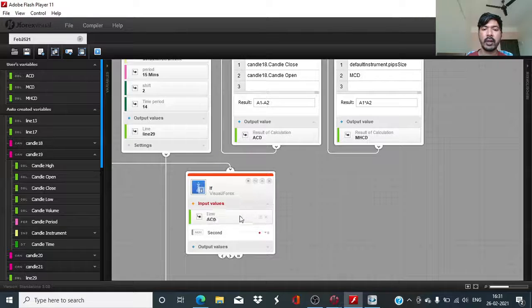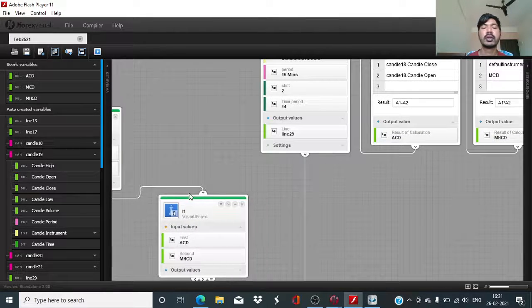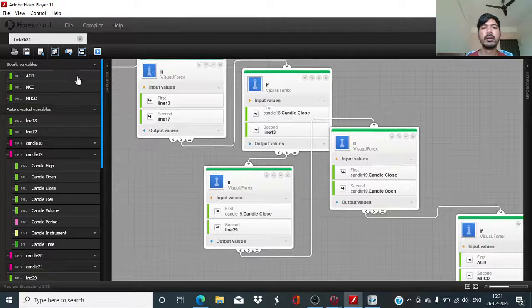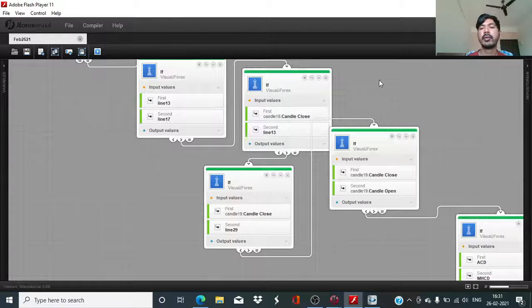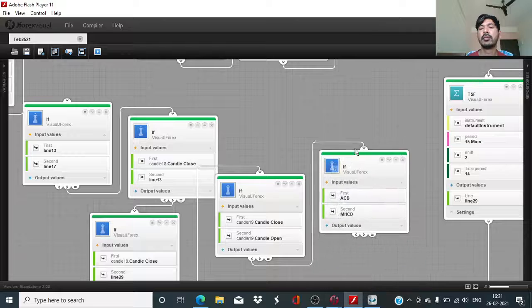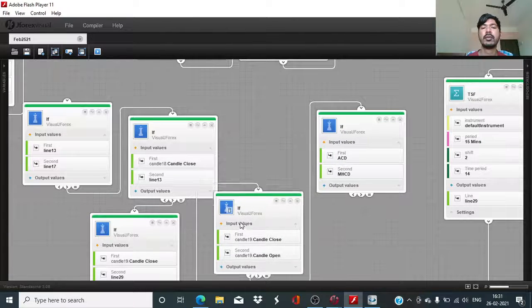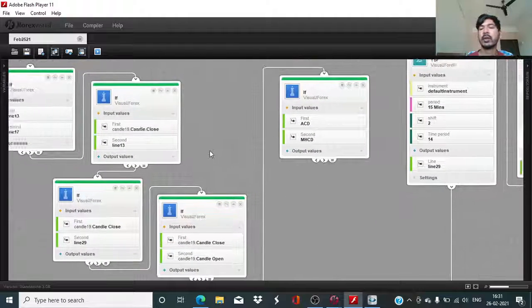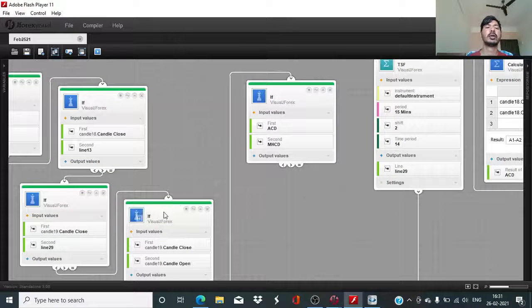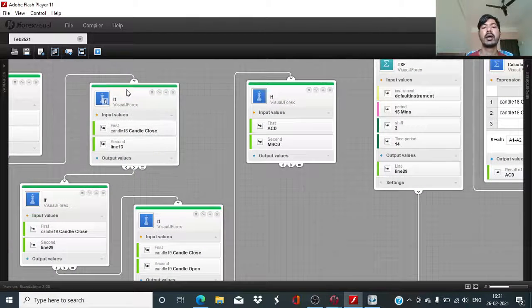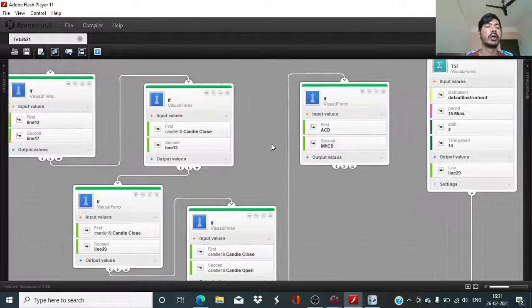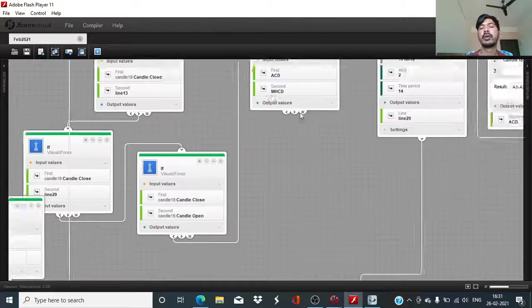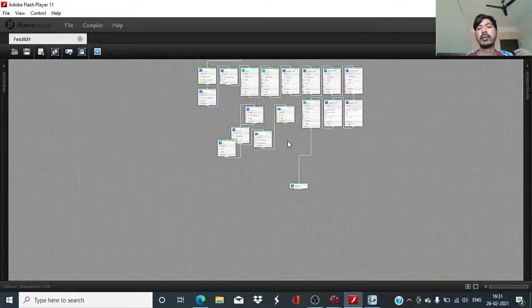So for that we will have to use these two calculations. All right, so with this we are almost close to the defining of the buy side.